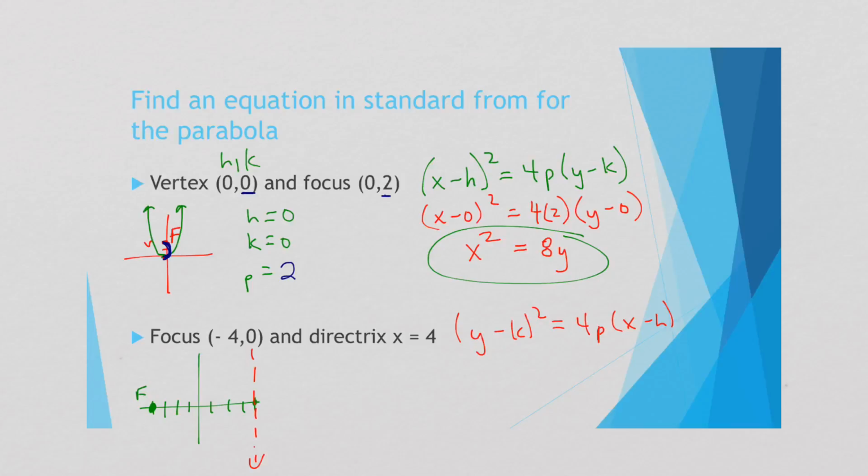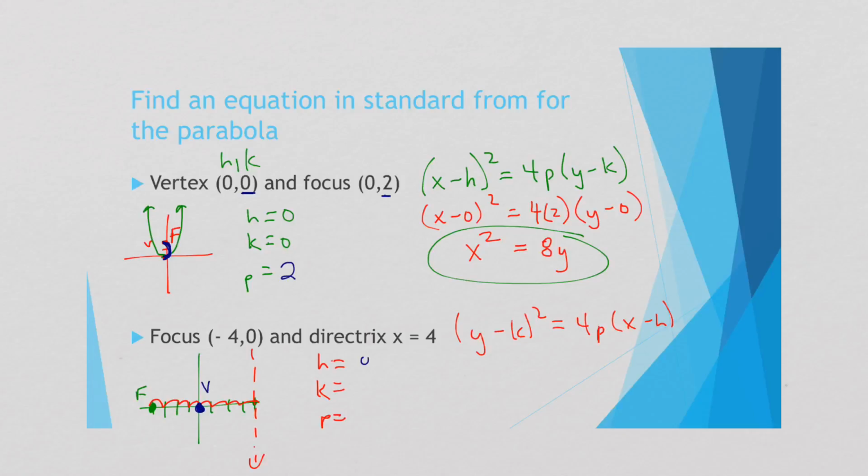Which function do I need? So remember, we need h, k, and p. The vertex is halfway between the focus and the directrix. Well, the distance here is 1, 2, 3, 4, 5, 6, 7, 8, which makes this my vertex.